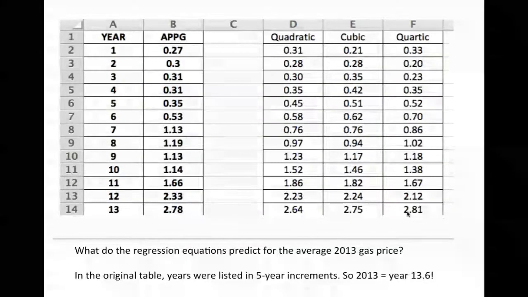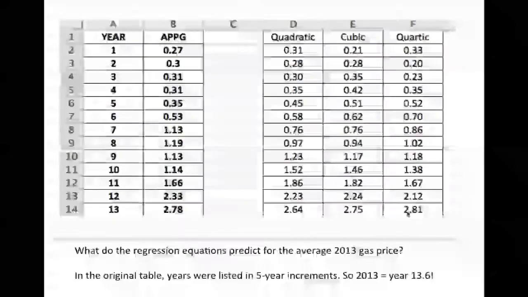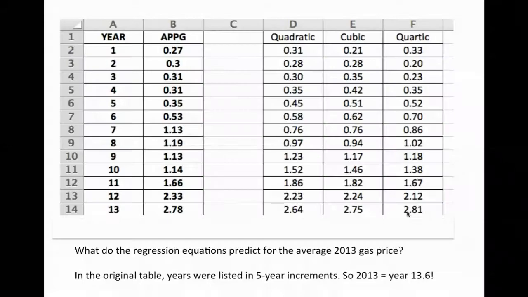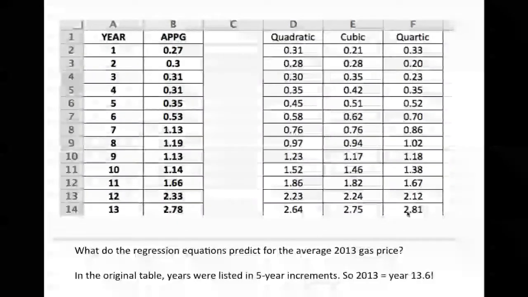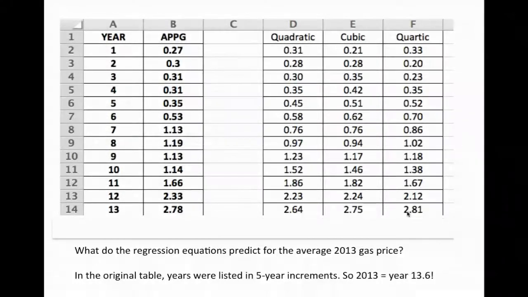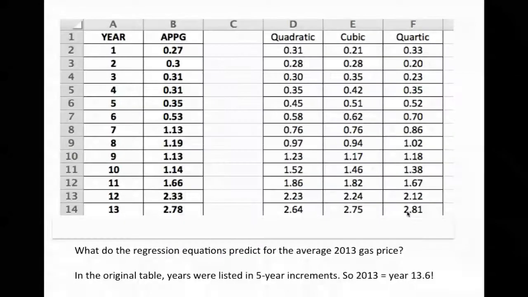So we've got to think, well, wait a minute, if it's going up in increments of 5, then to get from 13 to 14, I have to divide that single increment by 5. And what I'm going to find out is that for each year past 2010, I have to go up by 0.2. That's what 1 divided by 5 is.